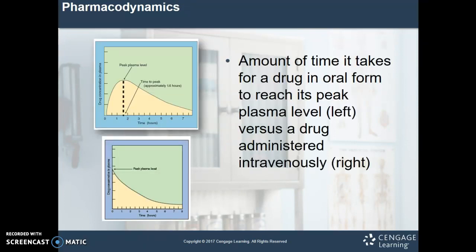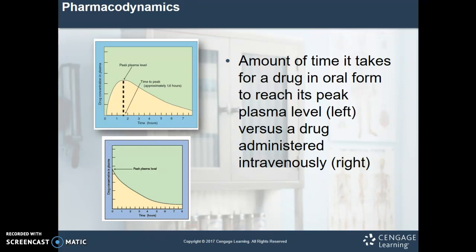Okay, so next we're going to talk about dose response curves. This figure here is an example of a dose response curve, and it's the time it takes for the drug to reach its peak plasma level following the oral ingestion of a drug. What we see on the x-axis is time, and the y-axis is drug concentration in plasma.